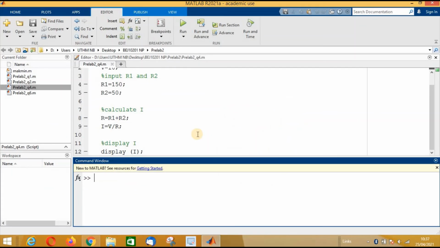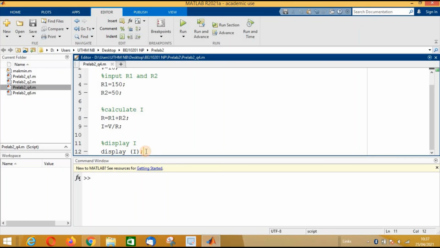Right? Okay, in this video, I would like to show you how to display the value of I here in the message box. Okay, last week I showed you how to display the value of I by using display command here followed by I. When we execute this, you will see the results in the command window.